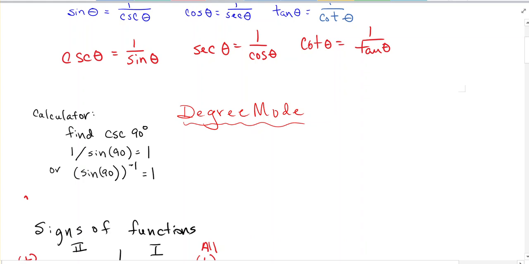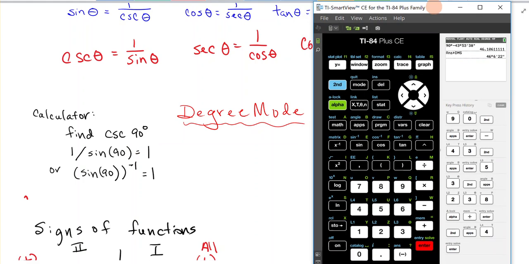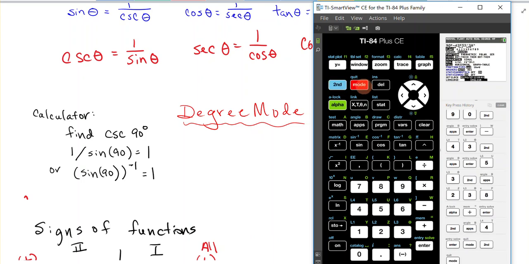So if you were finding the cosecant of 90, let me get my calculator up here. Mode is right here on your calculator, and mine is in degree mode. I could change it to radian if I needed to. So let me quit out of that.